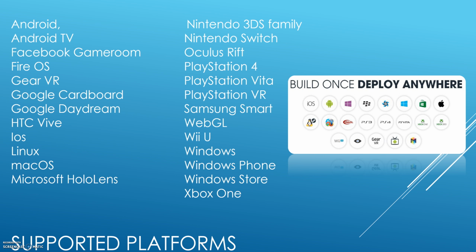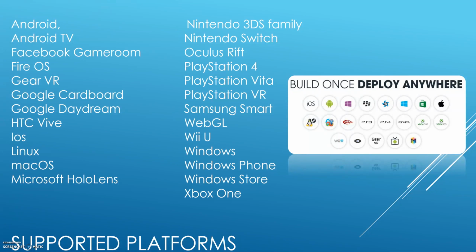Linux, Mac OS, they're just different operating systems, and another Windows one. The Microsoft HoloLens, which is still in development, is the augmented reality device they're working on. The Nintendos, the Oculus Rift, the VR headset again, PlayStations, all different types of them. You can create a web version, one for Wii U, and then Windows and the Xbox One.